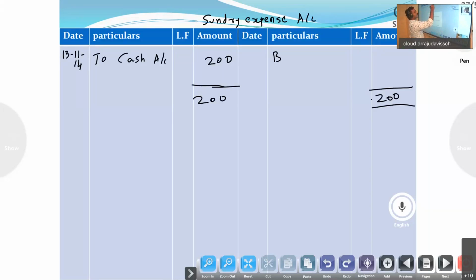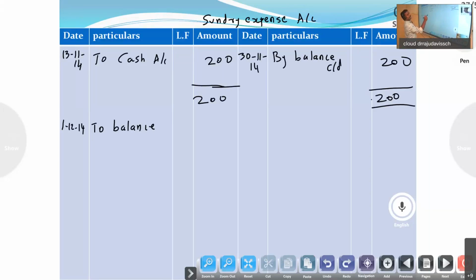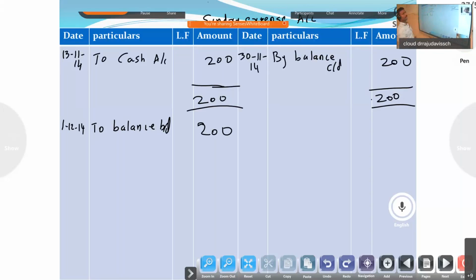Closing date you have to write by balance CD 200. Next, first 12, 14 to balance BD 200. Okay? Clear?